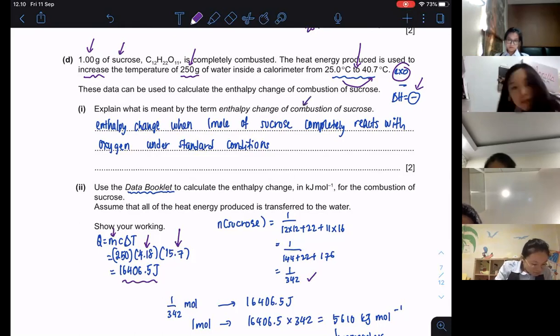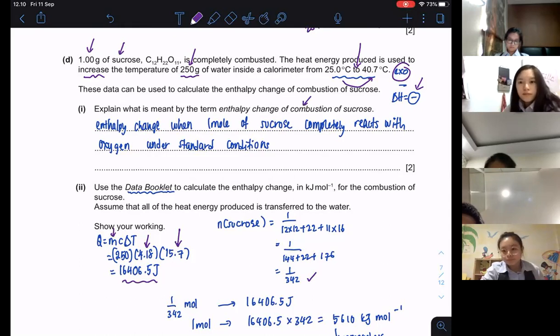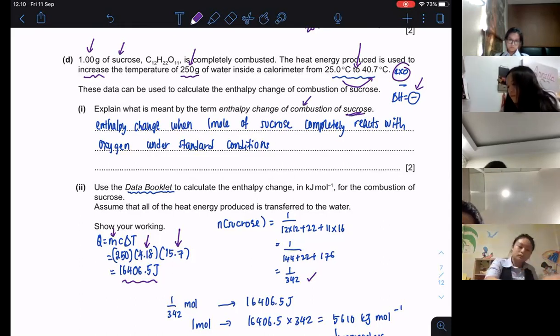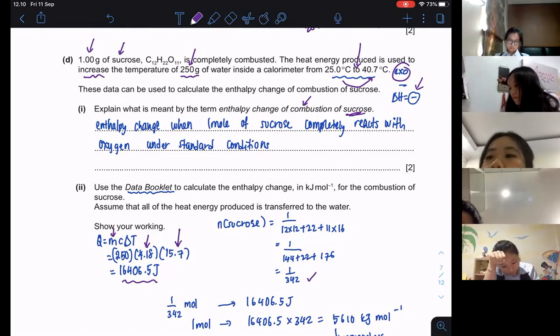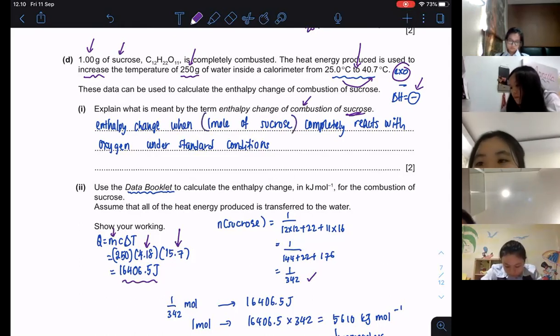Enthalpy change of combustion is when 1 mole, they say sucrose, so 1 mole of sucrose completely burns with oxygen, or completely reacts with oxygen, under standard conditions. So they want 1 mole of sucrose completely reacting with oxygen.